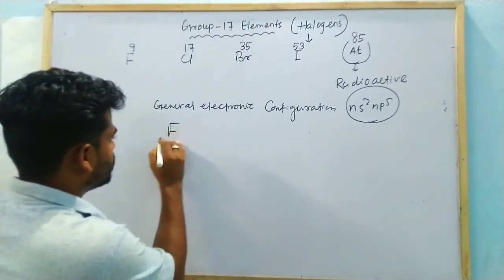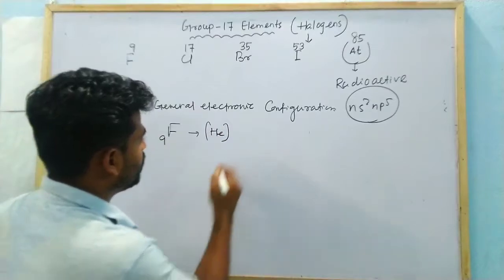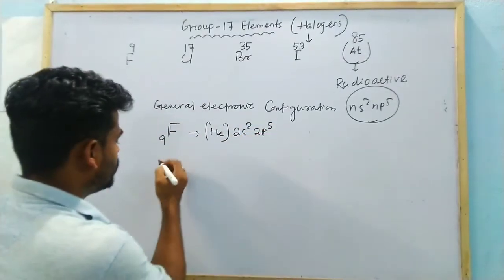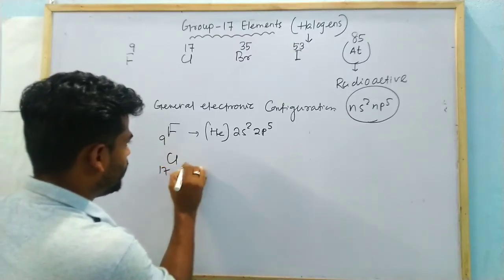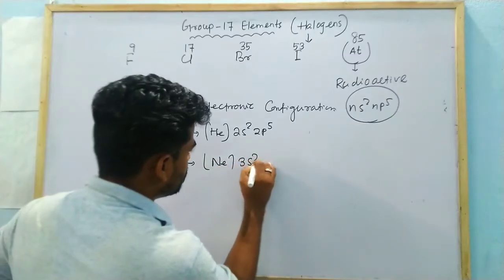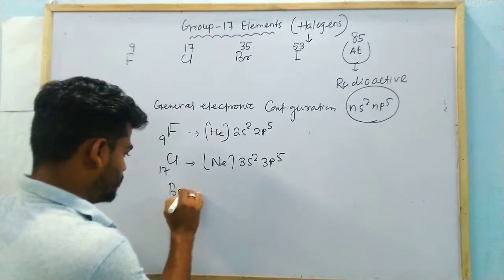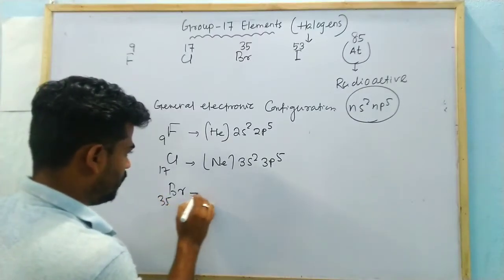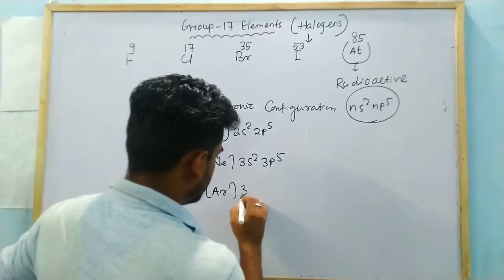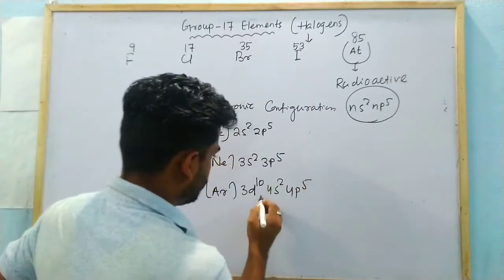If I write the configuration for fluorine, after helium I get 2s2 2p5. Then chlorine, 17: after neon the configuration becomes 3s2 3p5. Next bromine, 35: after argon the configuration becomes 3d10 4s2 4p5.